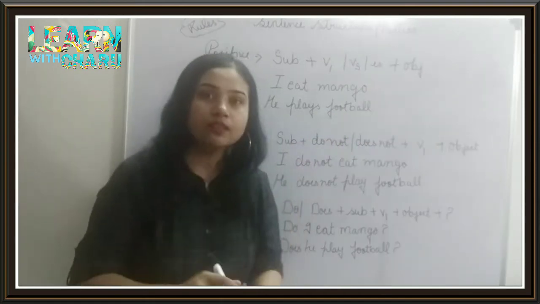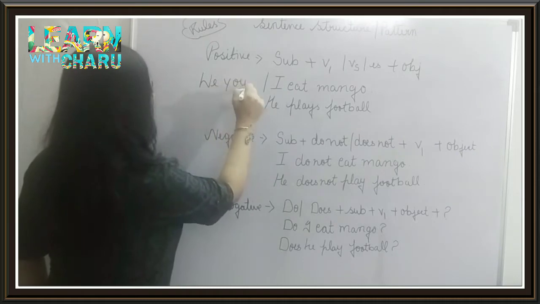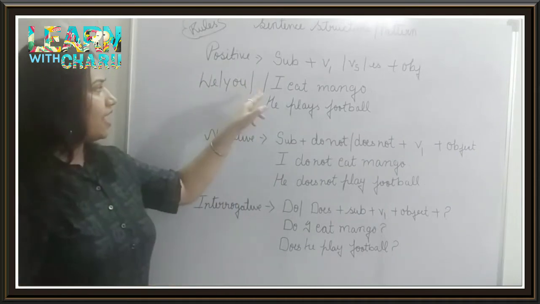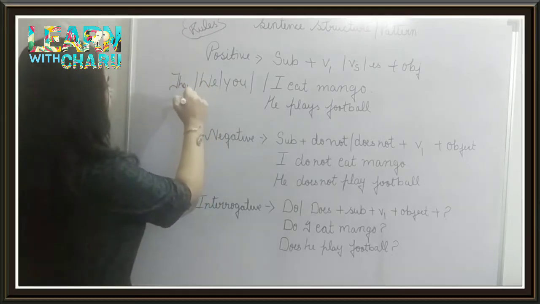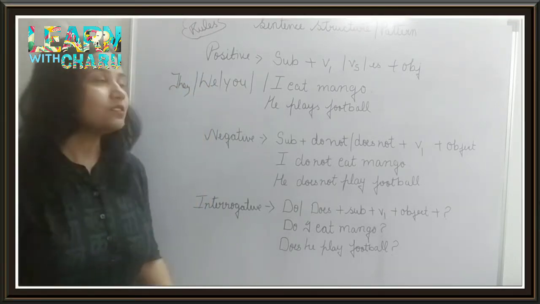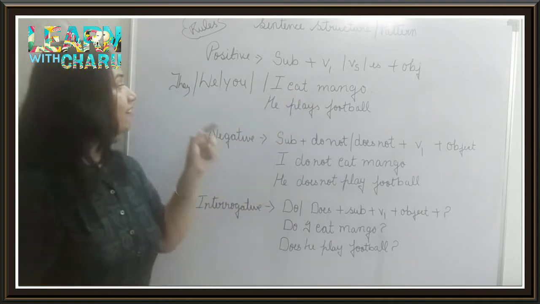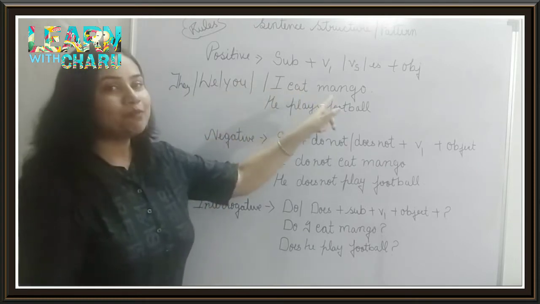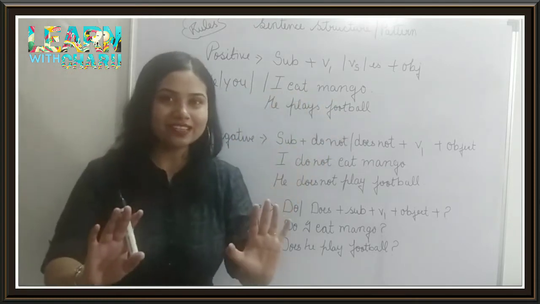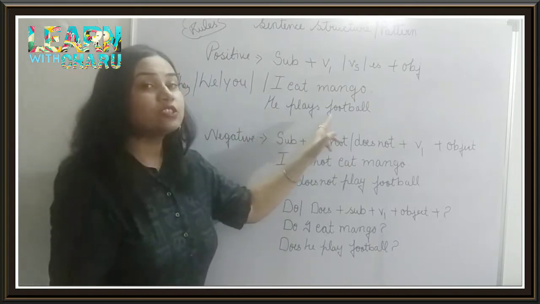It means what? With I, we, you and they, what do we use? Verb first form, just as I told you earlier. They eat mango, we eat mango, you eat mango, I eat mango. Do you understand this? Okay. Now in the second sentence, he plays football.